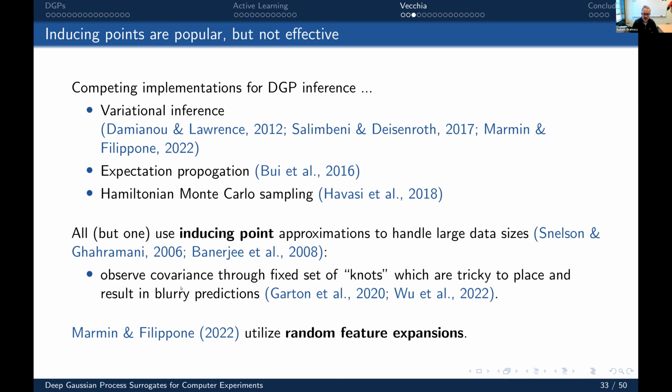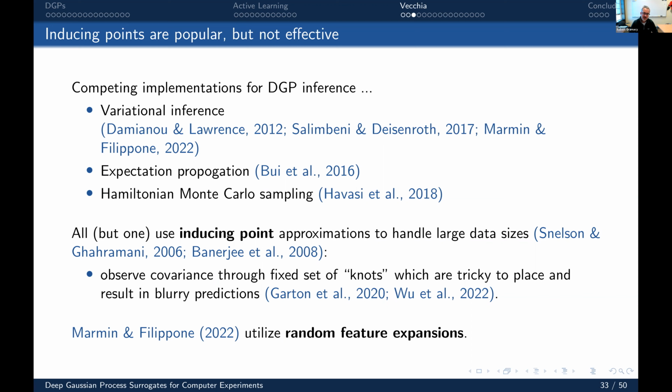But these inducing points are a fidelity problem. A couple of different authors have noticed this. If your goal is to fit a rich response surface that has complicated regions and flat regions, and you're trying to do that by viewing covariance through a limited set of knots, those things are opposed to one another.